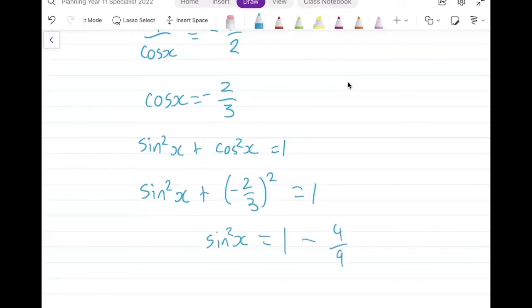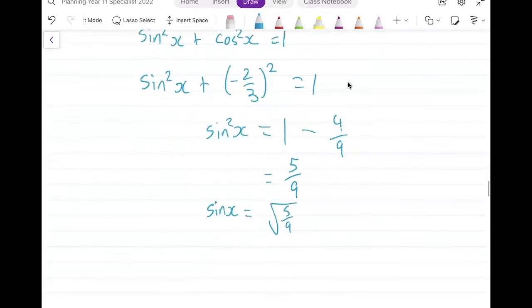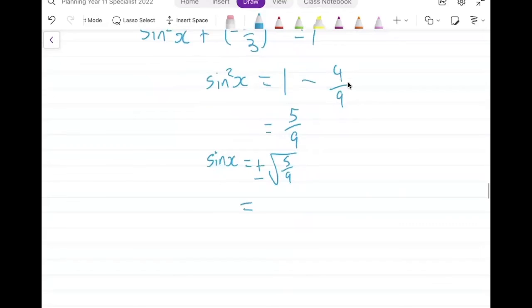If I square the top, square the bottom, and make this 9/9, that gives me 5/9. So sine x is going to equal the square root of 5/9, with my little plus or minus out the front, which equals plus or minus the square root of 5 over 3.